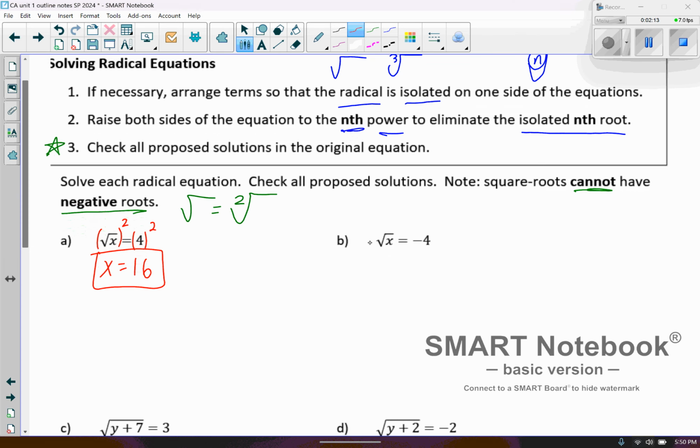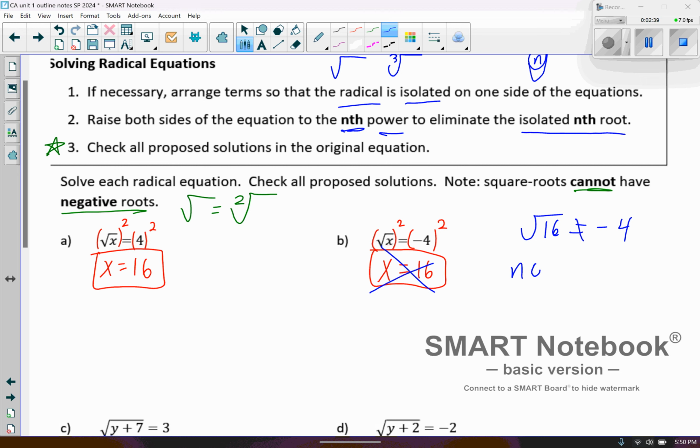Okay, let's look at B. We're going to do the same thing. We're going to square both sides. This is going to become x equals, and negative times a negative is positive, so we get 16. But in this case, it actually does not work. I can't include that as my solution because the square root of 16 does not equal negative 4.